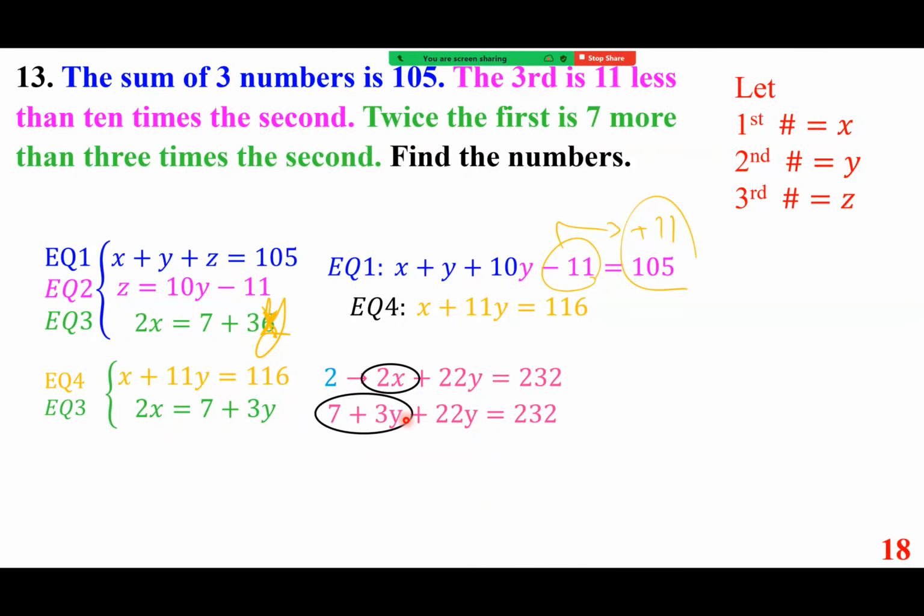3Y and 20Y is 25Y. First thing first, we're going to move the 7 and subtract it from 232, which gives us 225, and these two add up to 25Y. We are going to divide both sides by 25, and Y becomes 9.